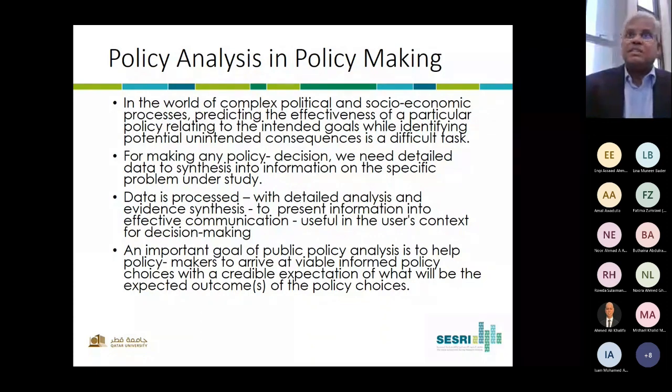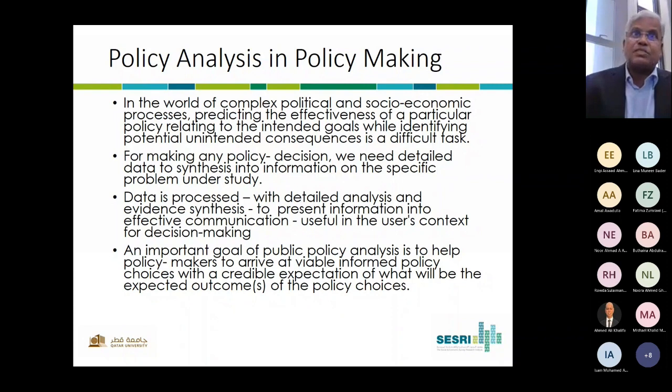For making any policy decision, we need detailed data. That is one essential requirement: to synthesize data into information on the specific problems under study. Data needs to be processed rigorously and robustly with detailed analysis and evidence synthesis, to present it as information for effective communication, which is useful in the policy users' context for making informed decisions.